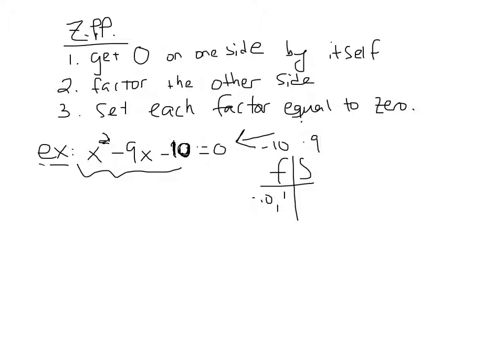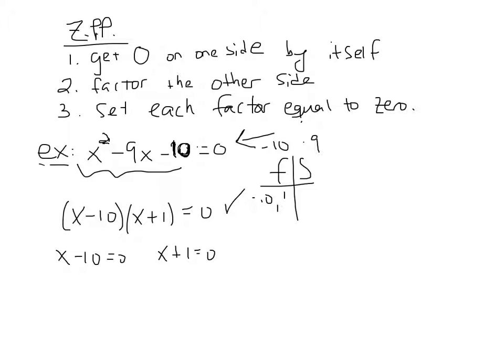They're -10 and +1. Since the leading coefficient is 1, we don't need to rewrite the middle term and use grouping. So step 2 is factor the other side. We've done that. Check. And then step 3 says set each factor equal to 0. So x minus 10 is 0, or x plus 1 is 0.